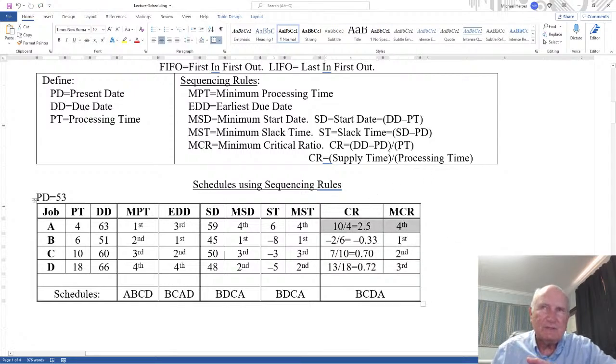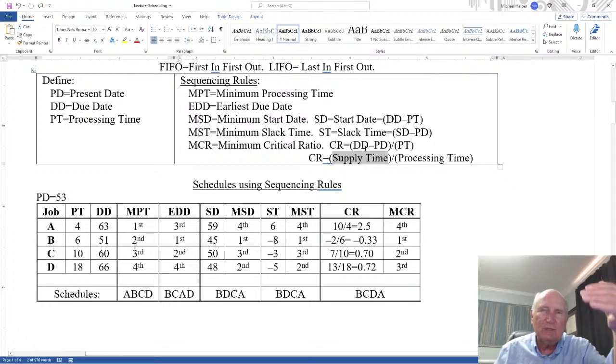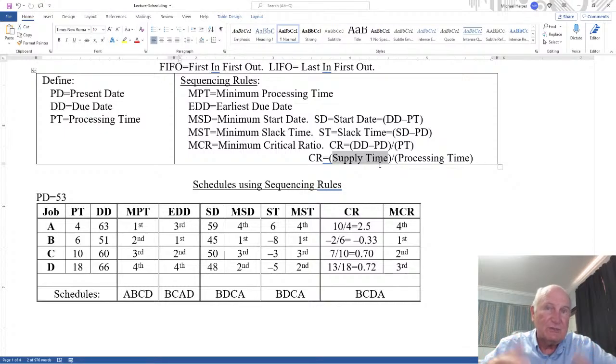But let's interpret this. The numerator I will call supply time. In other words, the due date, when it's due to leave the system in the future, and the present date when you're starting, that time is the time supplied to get the job done. From the present date to the due date, that's how much time you have to do this job.